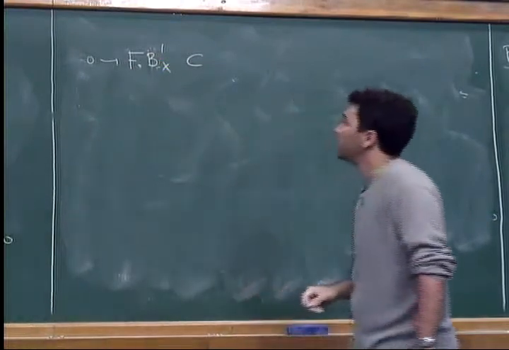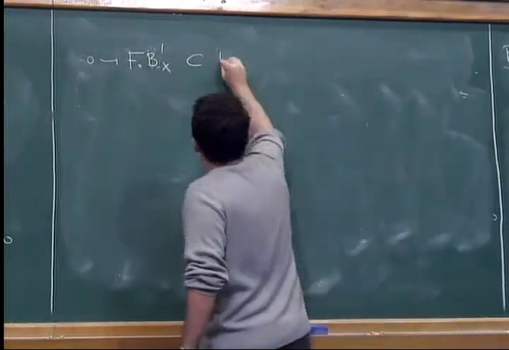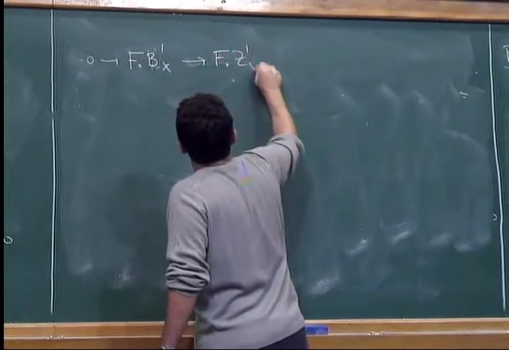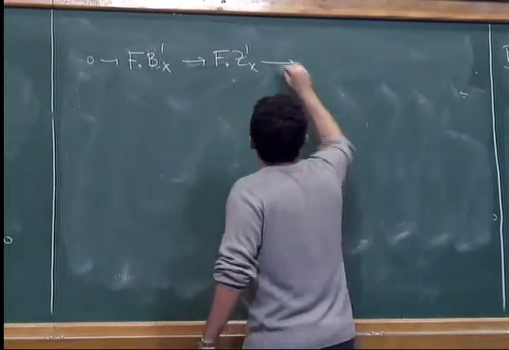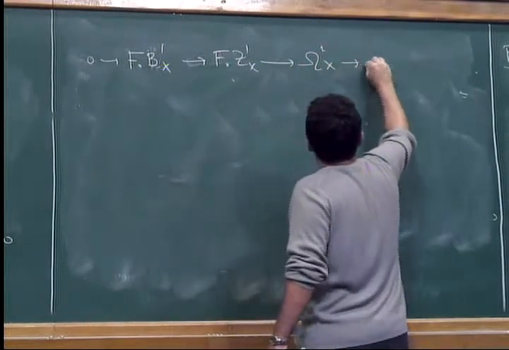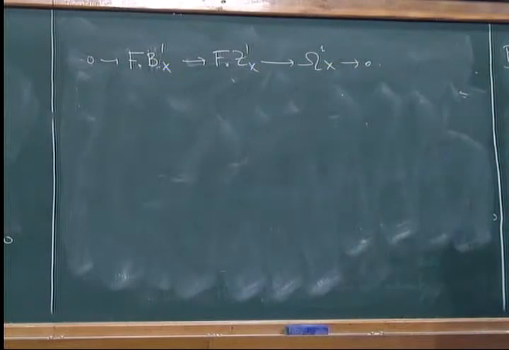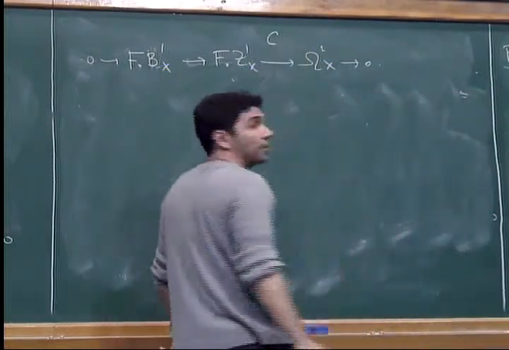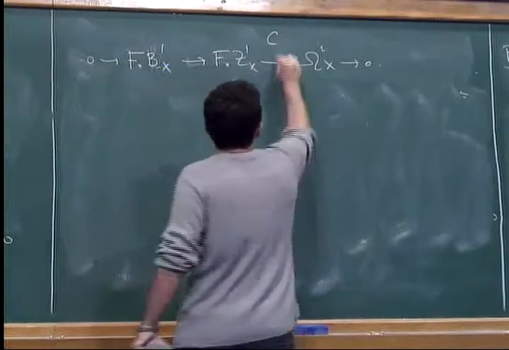The sheaf of exact forms is contained in the sheaf of closed one forms, and the cokernel is isomorphic to omega 1 by the Cartier operator in degree 1.